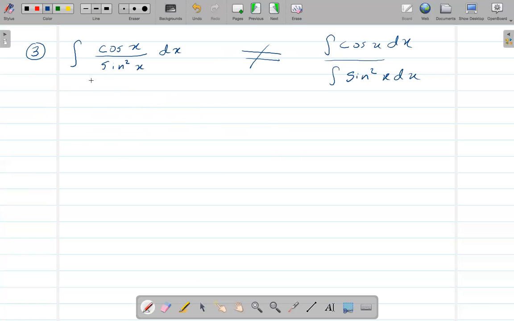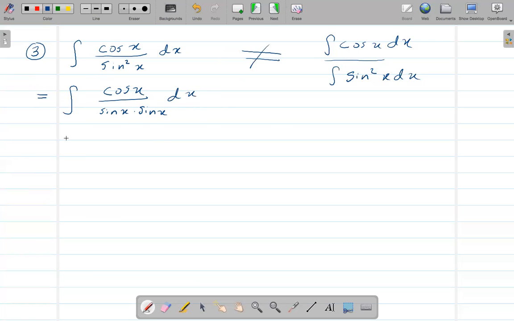All right, so here's a trick. Let's use some fact from trigonometry. So what we can do here is basically we can say cosine x, and we can say sine square x is also sine x times sine x, right?